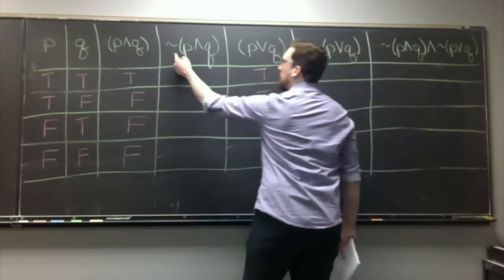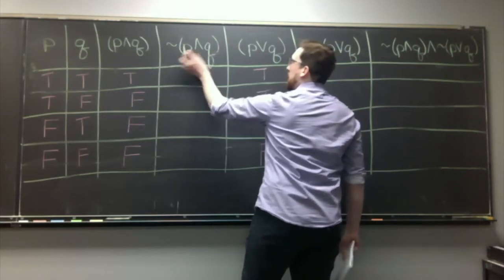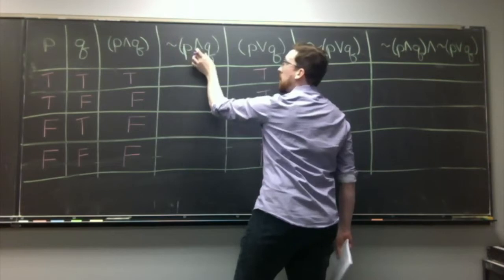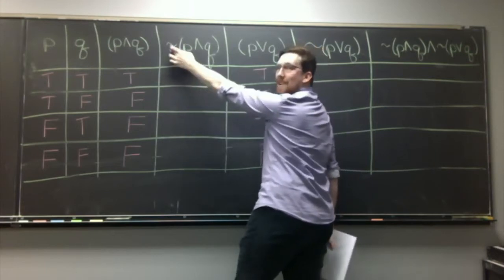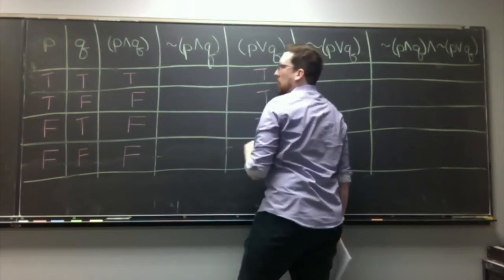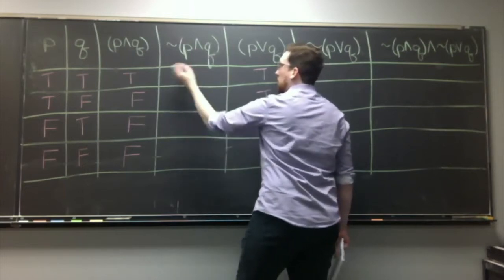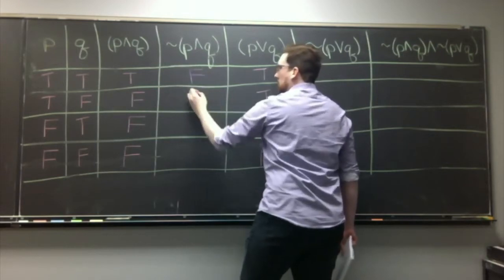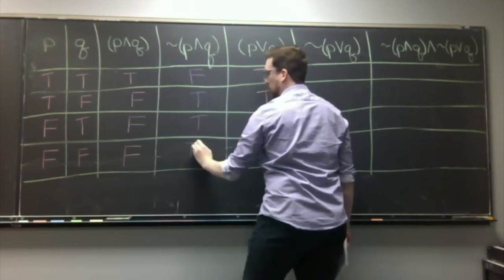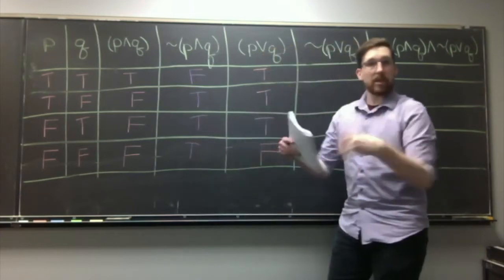So for the negation of the statement P and Q, because that's what we're saying here, right? We're saying P and Q, but not that. Not the statement P and Q. All right, well, if that's the case, then what we're going to have is false, true, true, true. Because it's the opposite, it's flipped.